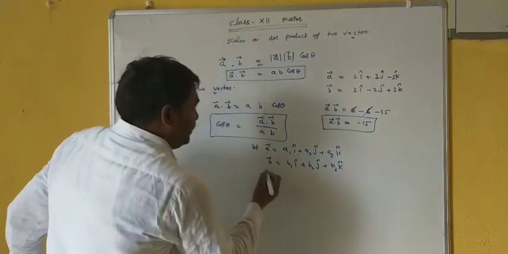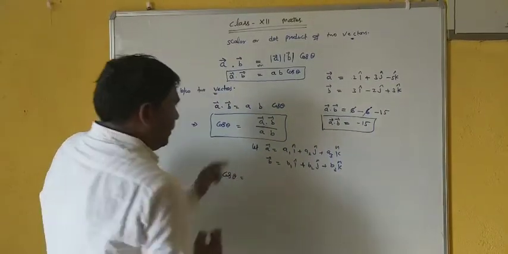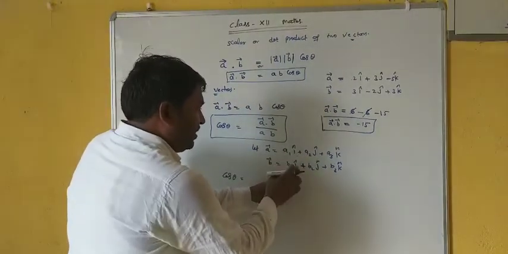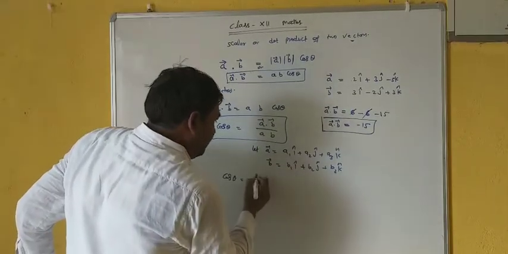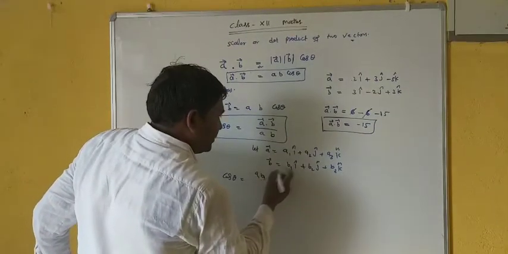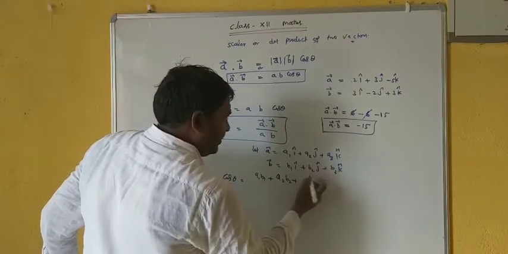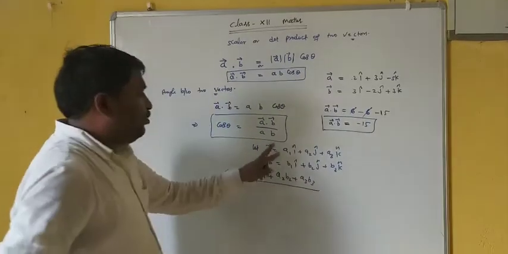So cos theta is equal to vector A dot vector B. Vector A dot vector B means i with i, j with j and k with k product. So A1 B1 plus A2 B2 plus A3 B3, divided by modulus of vector A.